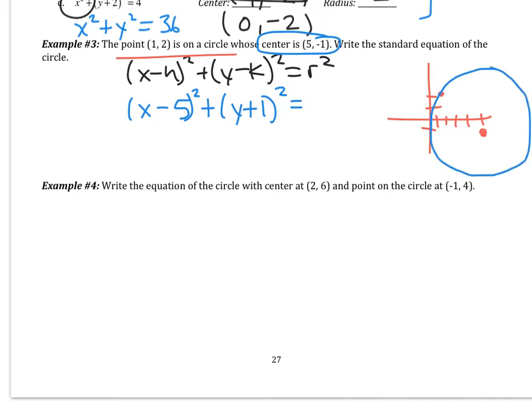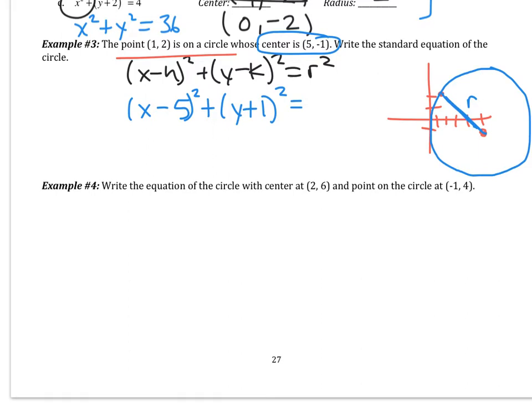Our objective is to figure out what the length of r is. Ideas? How could we do that? I like what you just said, Javier. Slope tells us how much it is slanting, but it doesn't tell us the length.